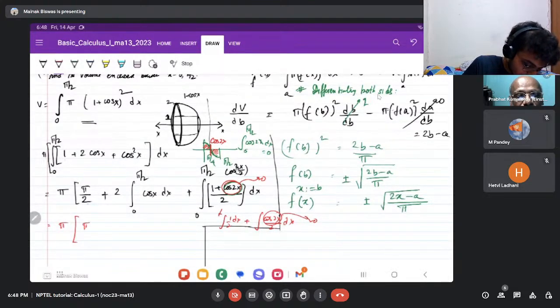So this is pi by 2 plus, cos x's integral is sin x, right? Sin x between 0 to pi by 2 is 1. Agreed? So 1 minus 0 is 1, into 2. This integral is 2. And the second integral is pi by 2 into half.